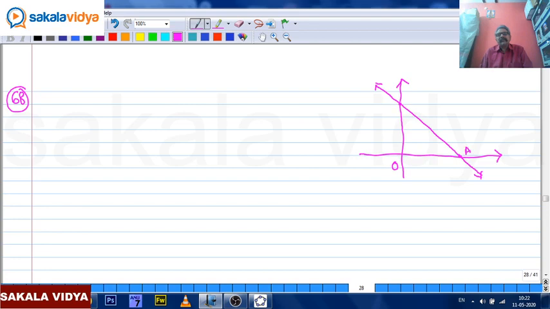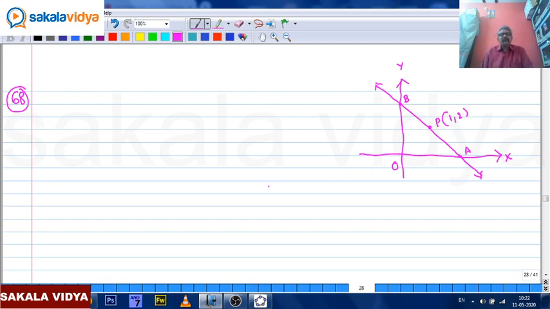This is AB. The part AB is called the intercept made by the line between the coordinate axes, x-axis and y-axis. And this point P will be passing through P1, 2. P is the midpoint. That means P divides AB in the ratio 1:1.